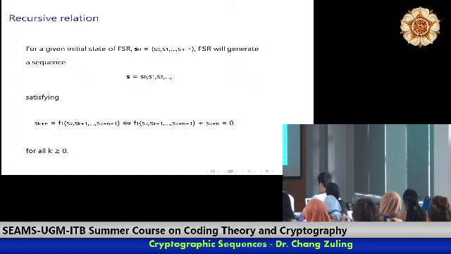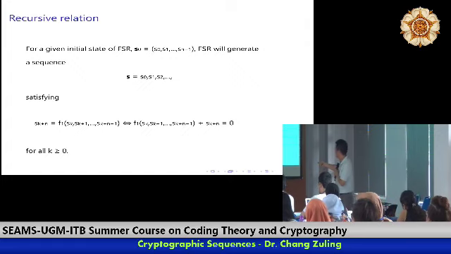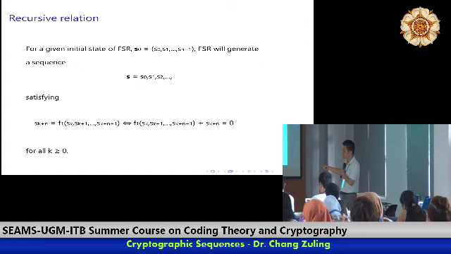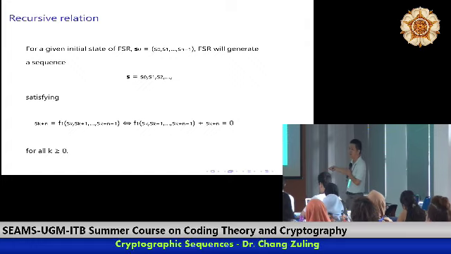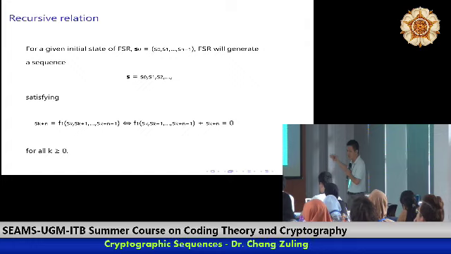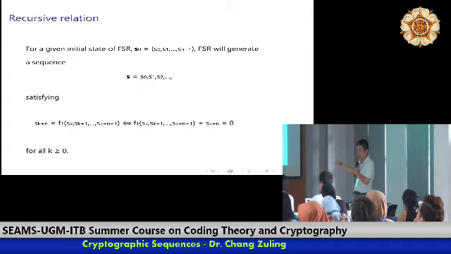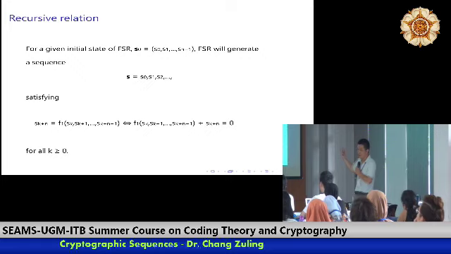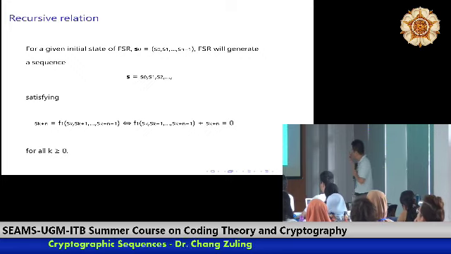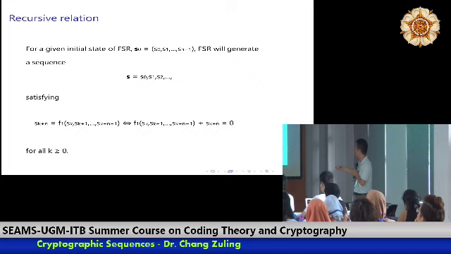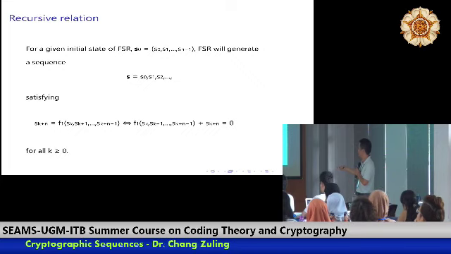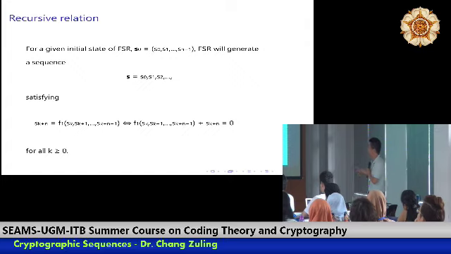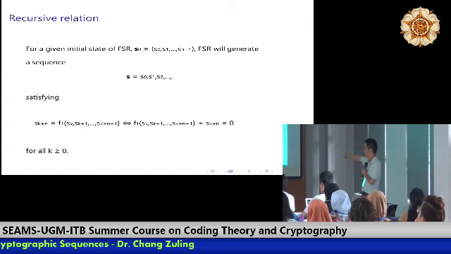So every next bit x(k+n), for arbitrary k, equals the output of the feedback function according to the previous n states, xk to x(k+n-1). This is a recursive relation, and the sequence satisfies this relation.